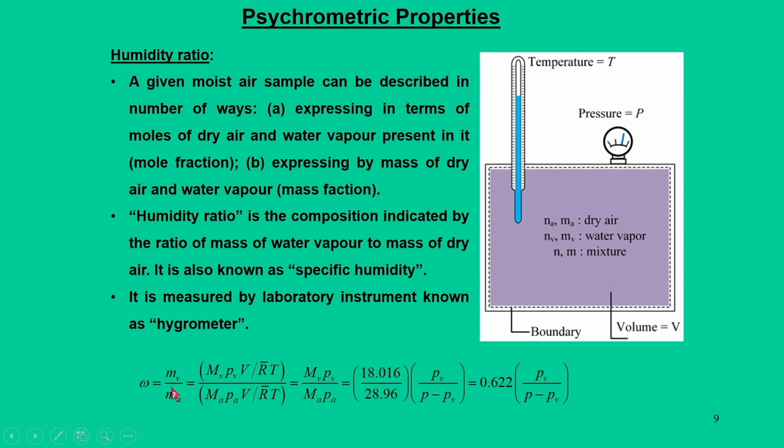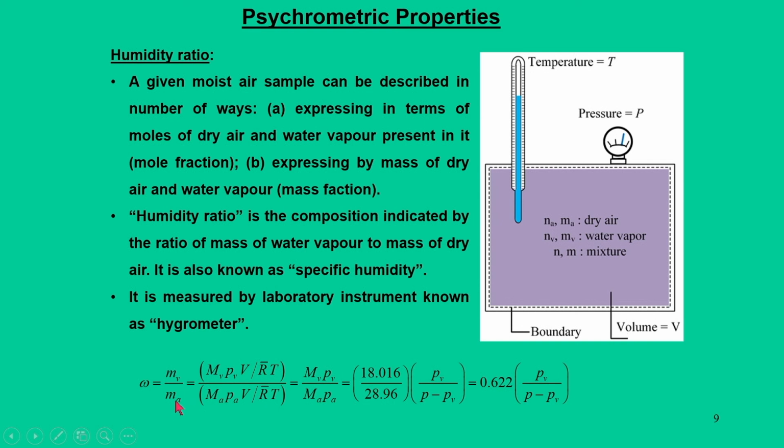Omega is the symbol assigned for humidity ratio, equal to mv by ma. Here the mass can be expressed from the ideal gas equation of state for water vapor, in terms of molecular weight, partial pressure of vapor, and the universal gas constant, since the total volume and mixture temperature are fixed.